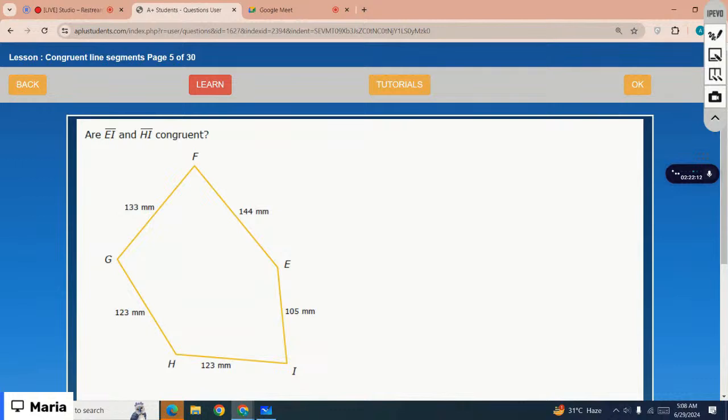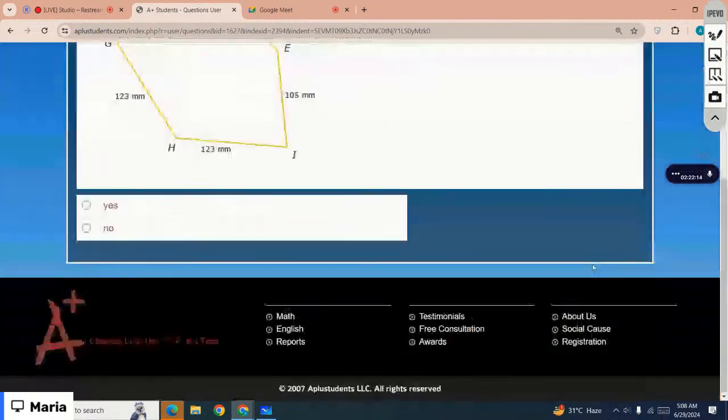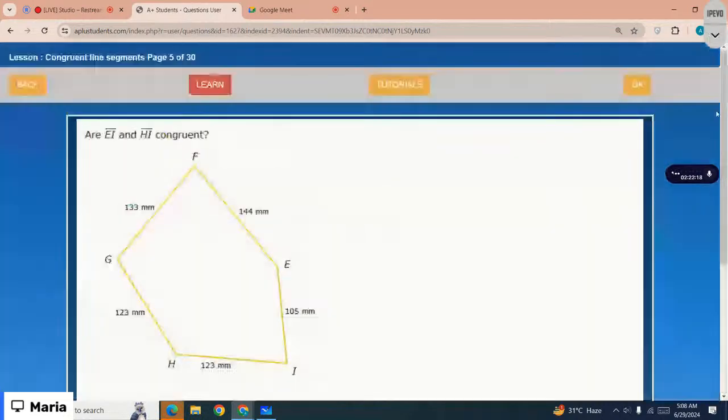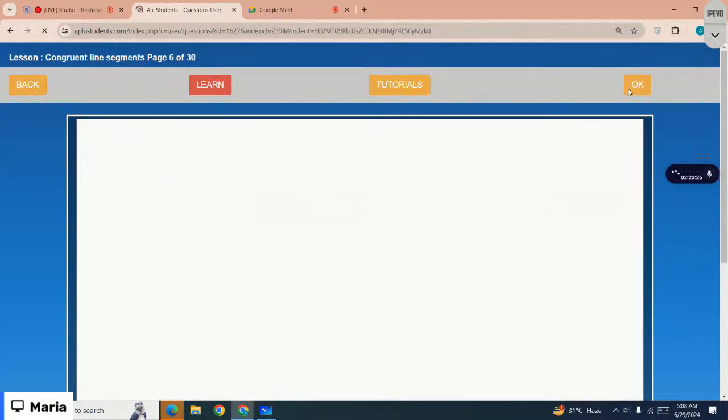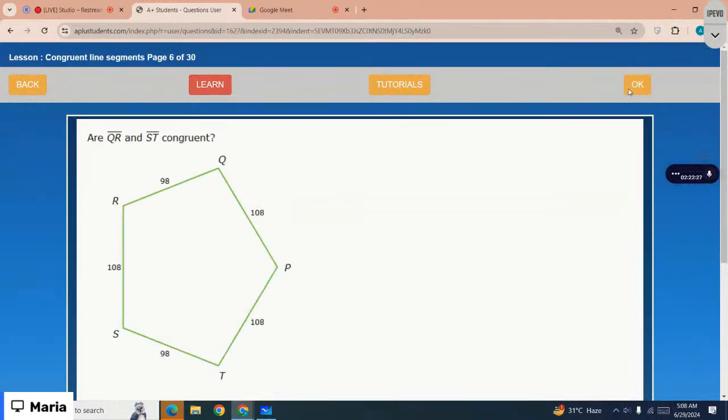The correct option is no. Are QS and ST congruent?